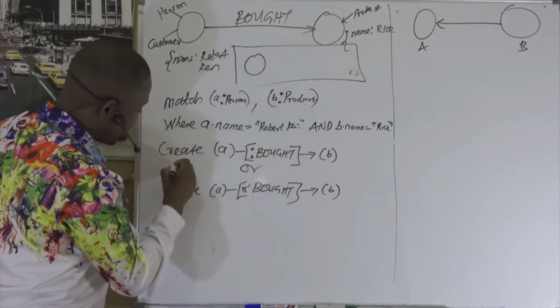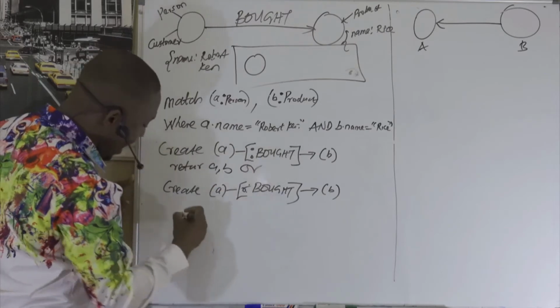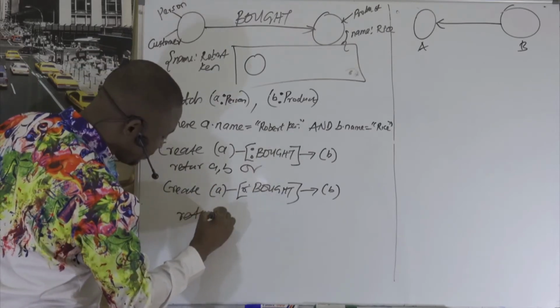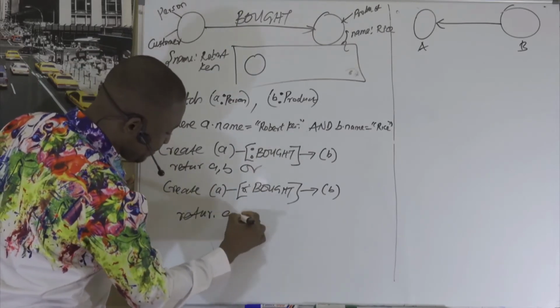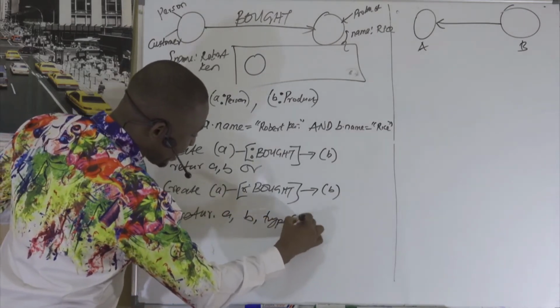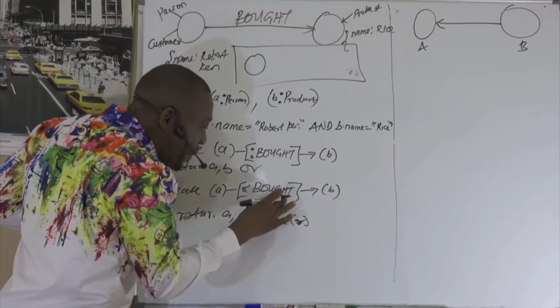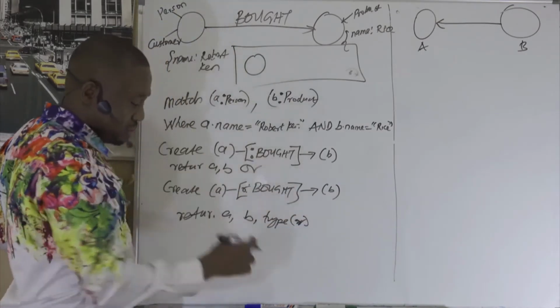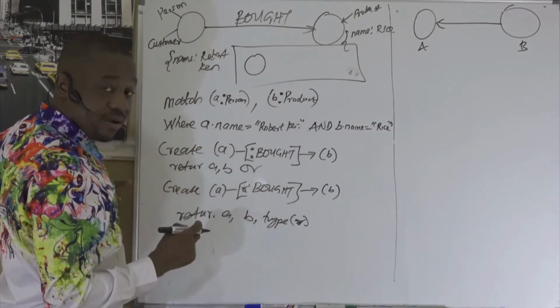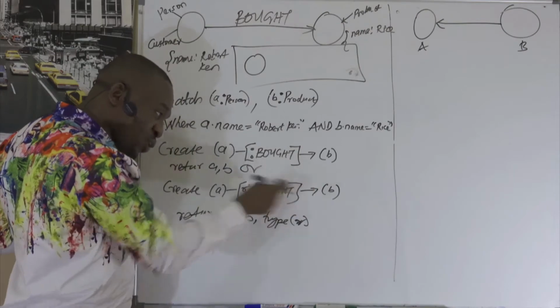I don't need the reference. I can say return A, B. Here I have to say return, for instance, A, B, or I say, okay, type R. Type R. I mean, I want to still talk about the bought. Then I can put R here. So R will help me to reference this relationship.